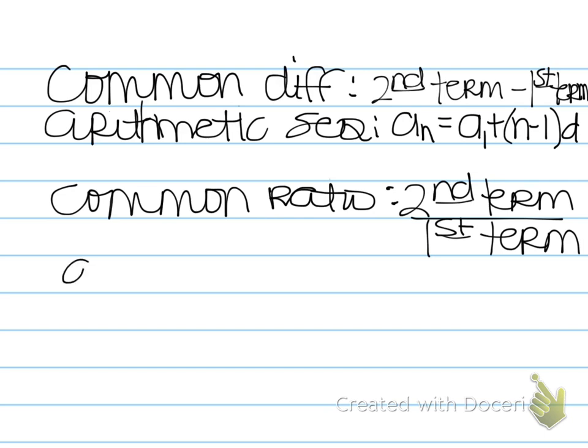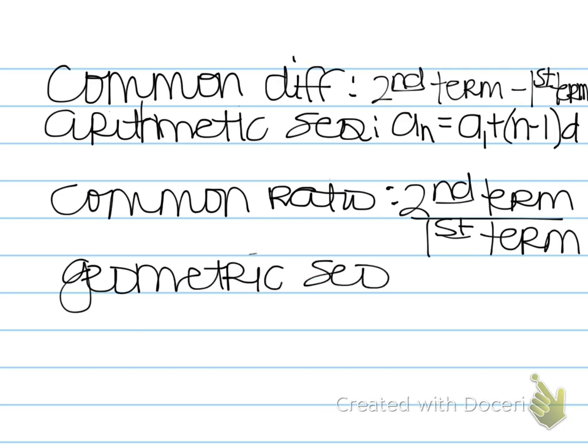And what was the geometric sequence formula that we learned yesterday? Paris. It is a sub n equals a sub 1 times r raised to the n minus 1. So these are the four formulas that we have learned so far.